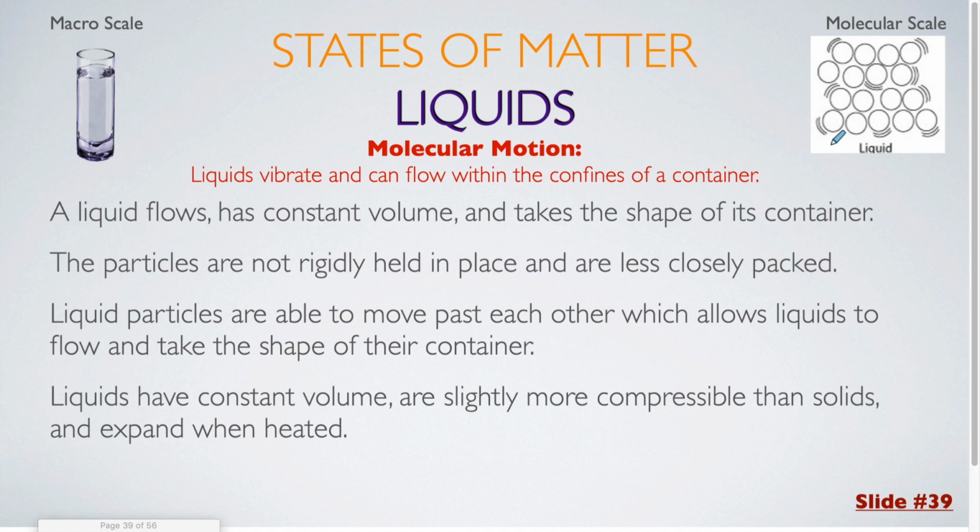So a liquid flows, has constant volume, and takes the shape of its container. The particles are not rigidly held in place and are less closely packed. Liquid particles are able to move past one another, which allows liquids to flow and take the shape of their container. Liquids have constant volume, are slightly more compressible than solids, and expand when heated.